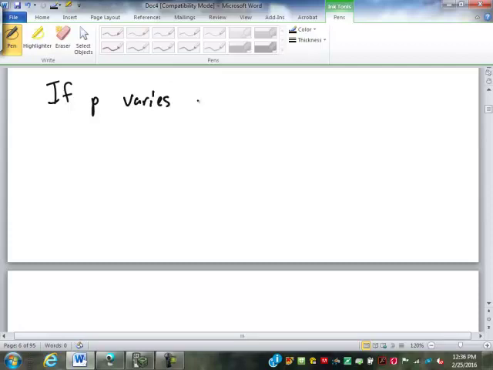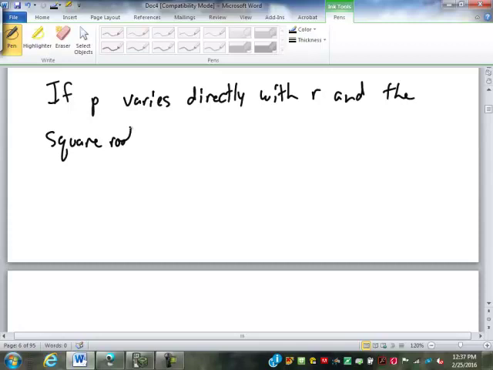If p varies directly with r, and the square root of t, and inversely with w.